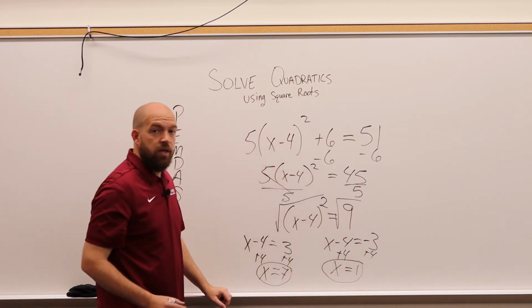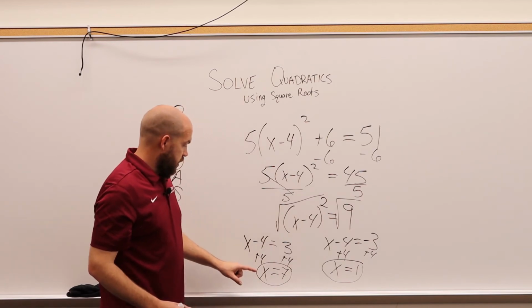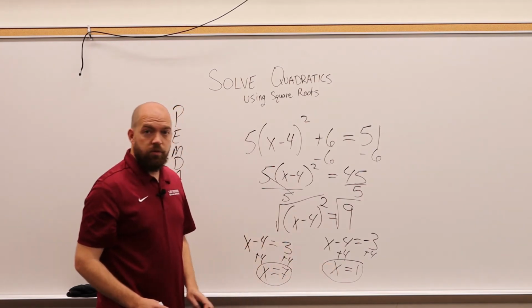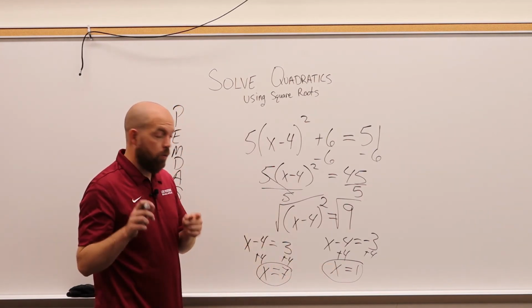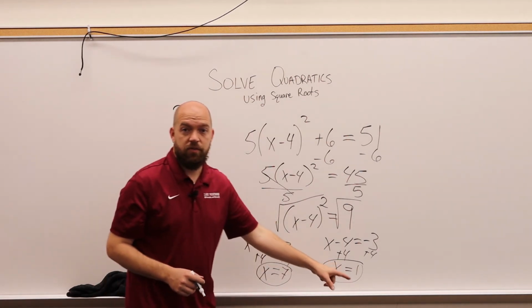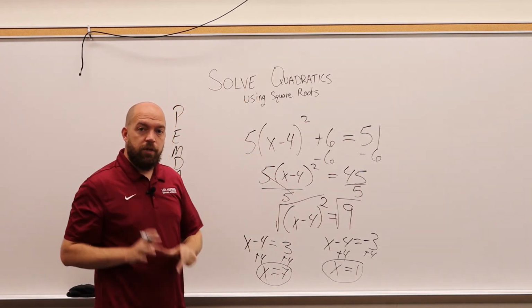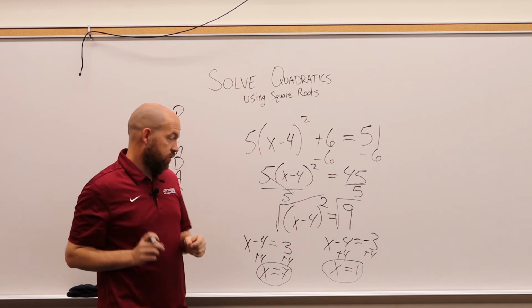So I have two answers, x equals 7 and x equals 1. Notice that the 7 and the 1 are not opposites. It's not like the answer was negative 7 and positive 7. And that's because this parenthesis moved things a little bit, so they weren't just opposite answers.